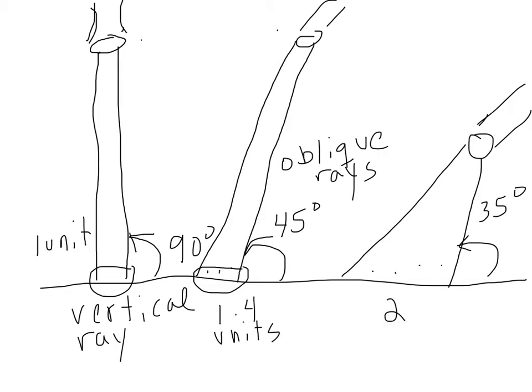We'll say that's like 2 units. So really less intense rays. Okay, so during our summer solstice, we are receiving more vertical rays than in wintertime.